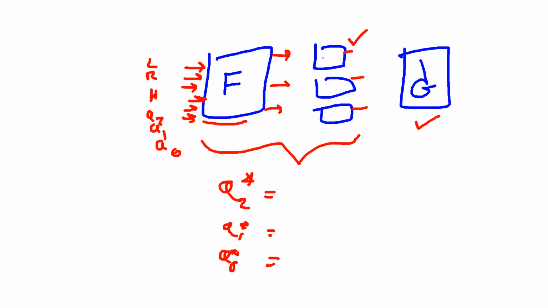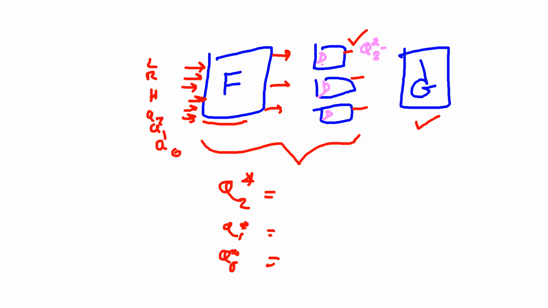If you use D flip-flop as state memory, for example, this one is Q2. If you want Q2 star to be 1, you apply 1 at D. If you want Q2 star to be 0, you must apply 0 here.